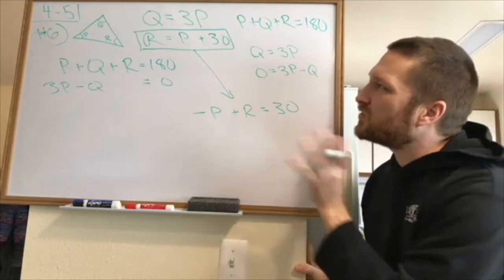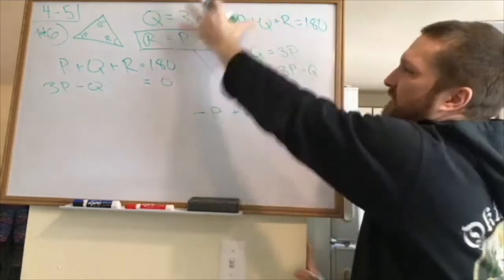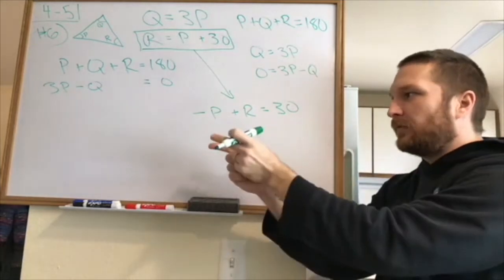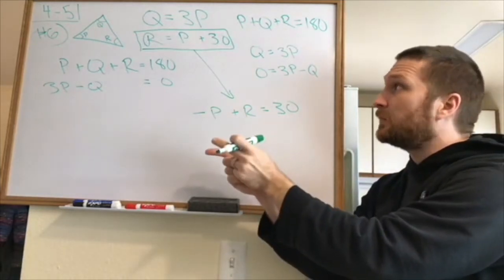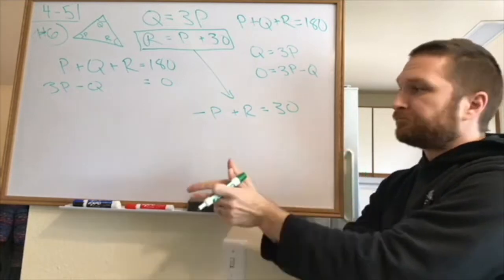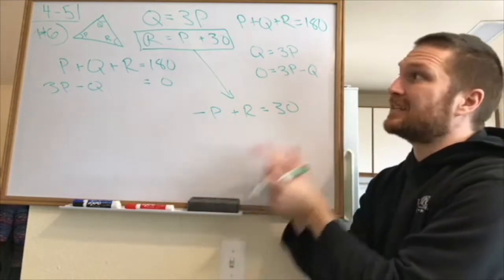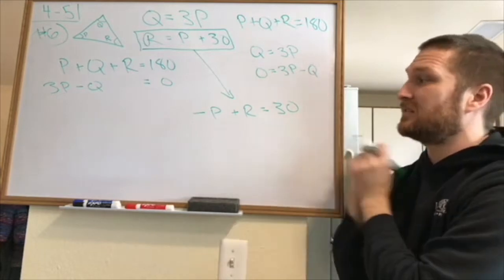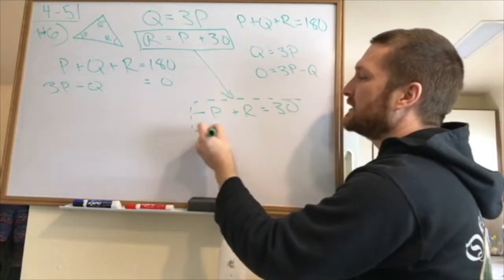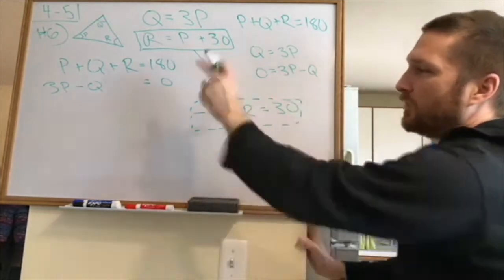Okay, so now watch how I'm going to do this guy. And remember, now you're going to end up with a bunch of stuff like this. And remember, the name of the game is get all the stuff involving variables on one side, and get everybody else on the other. And in these cases that is all in terms of addition and subtraction. So now I'm going to write him here.